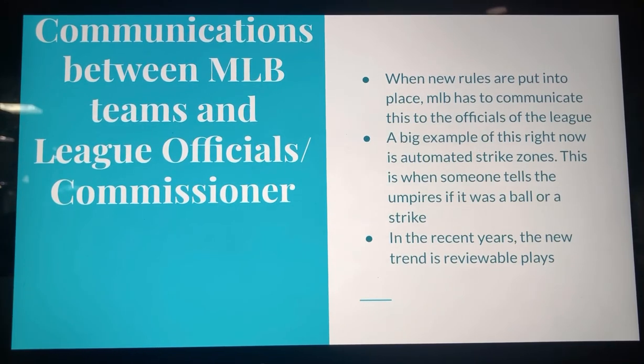Another example is in recent years, the new trend is reviewable plays. Reviewable plays are when a major league team thinks the call can be overturned. Say if it's an out call at first base, a team can review it, and the reviewers are the head MLB office in New York, and they review the call and give the umpires the right call.